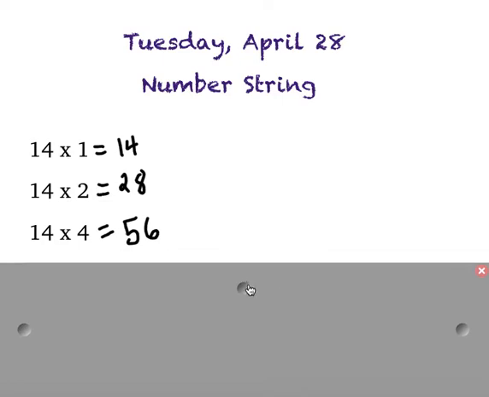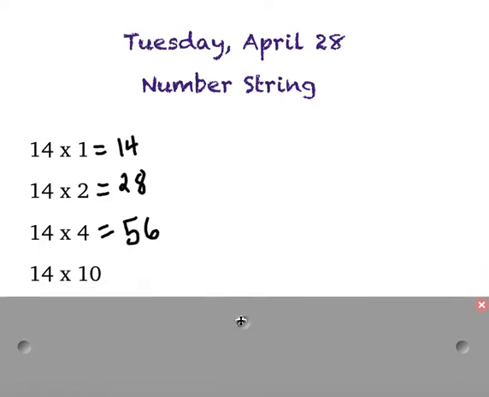All right. So remember, anytime we're doing a number string, we're always trying to take information we have and use that to find the next step in, in this case, our number string. Now we're going to ask ourselves, do we know 14 times 10? Here we don't really even need to use any of this information because we know 14 times 10 is just a matter of adding a place value or adding a 0 on the end.